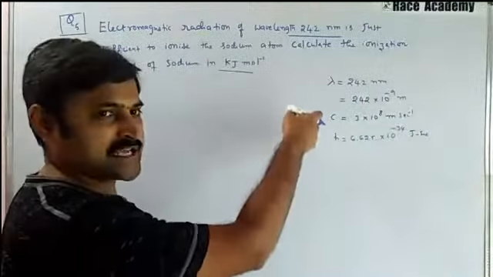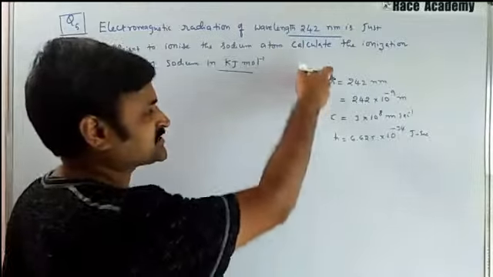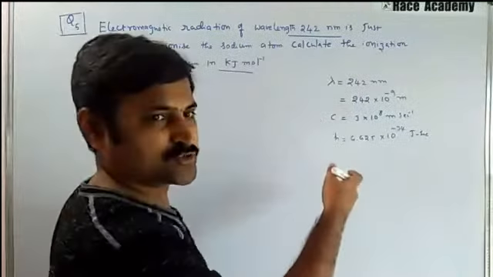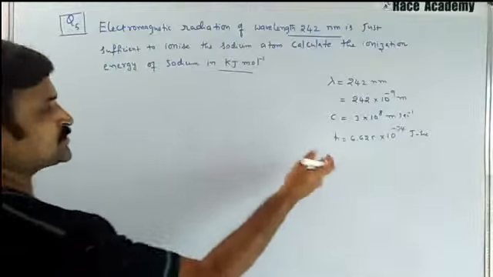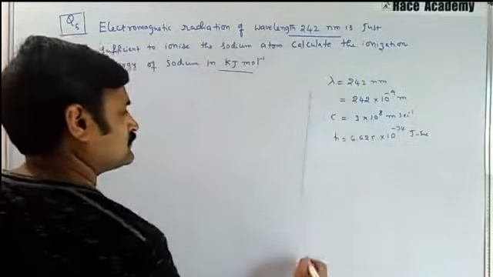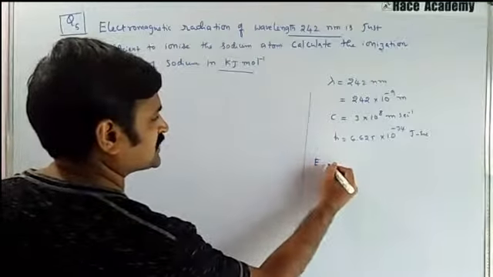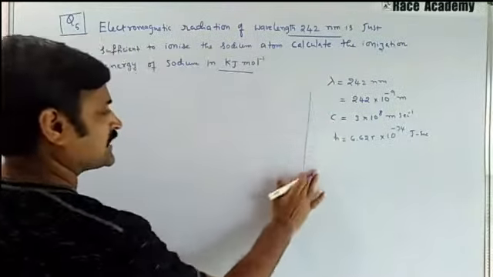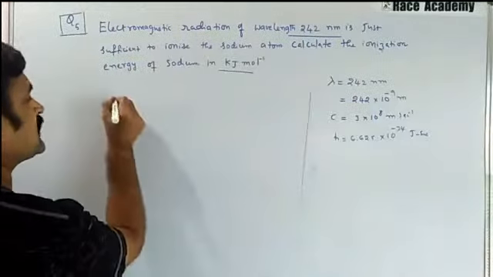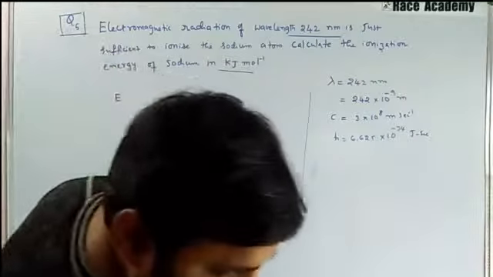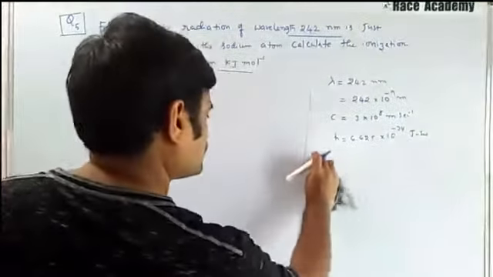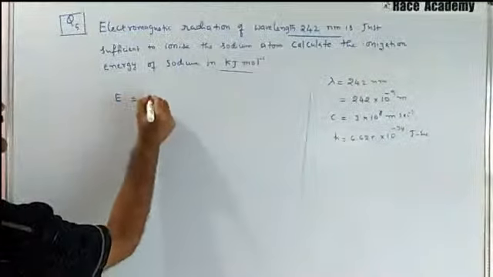Moving on, we have to find the energy in this discussion. That means the energy E is equal to hc by lambda, h nu. So the formula for the energy calculation, I'll write here, is E equals hc by lambda.